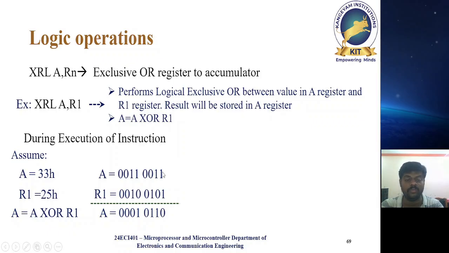For example, 1 1, both are the same input, so the output is 0. 1 0, both are different inputs, so the output is 1. 0 1, both are different inputs, the output is 1. 0 0, both are the same input, so the output is 0. Likewise it goes on, and accordingly we get the output. The final output of this operation is 16, which is 0001 0110. This will be stored in the A register.